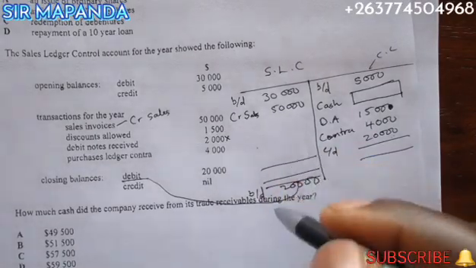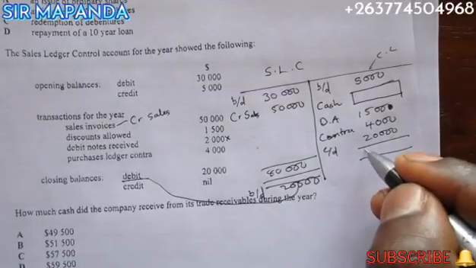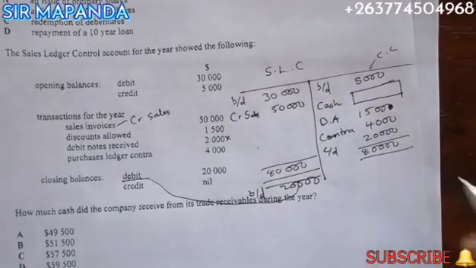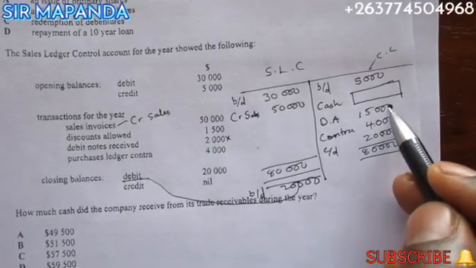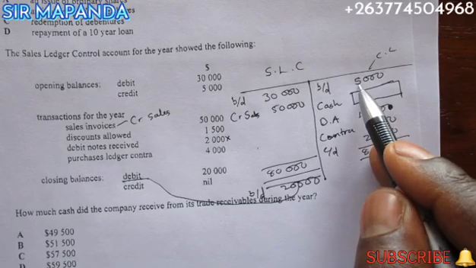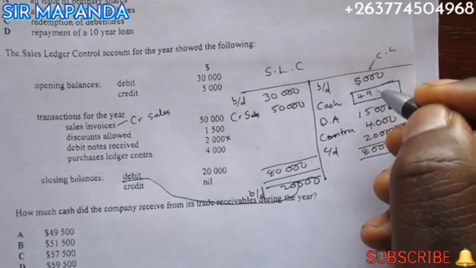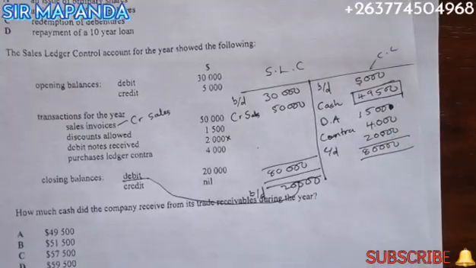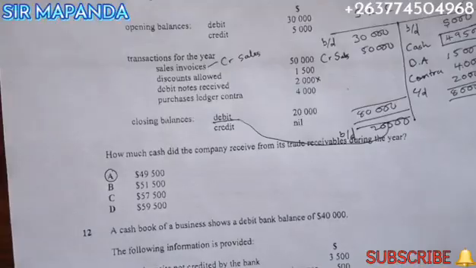So 30 plus 50, you get a total of 80,000. Then 80,000 minus 20,000 minus 4,000 minus 1,500 minus 5,000, you get a balancing figure of 49,500. So this gives us option A as our answer. I hope you are following, class.